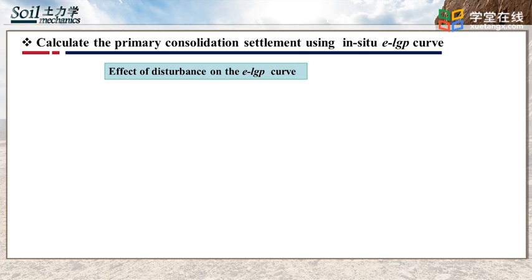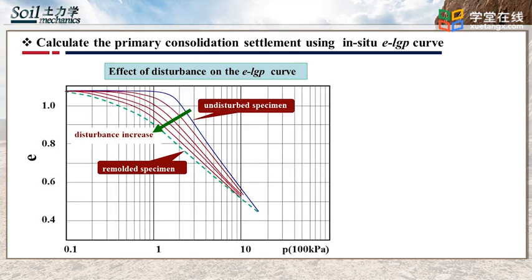A soil specimen will be remodeled when it is subjected to some degree of disturbance. This will affect the void ratio and pressure relationship for the soil. This figure shows the laboratory compression curves of soil specimens with the same initial void ratio and different degrees of sampling disturbance.